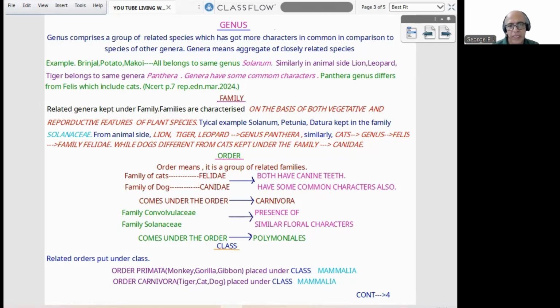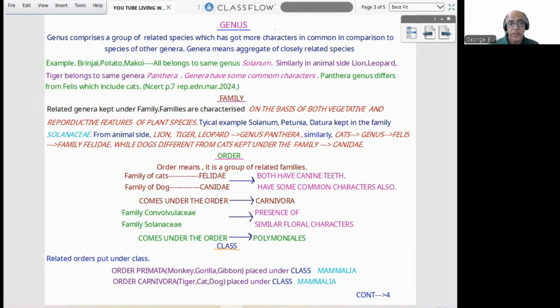So two families, Felidae and Canidae, order is Carnivora. Plant side, family Convolvulaceae and family Solanaceae, with presence of similar floral characters, so they come under the order Polemoniales. When you familiarize this, all will be simple, just by-heart type events. So Carnivora and Polemoniales.